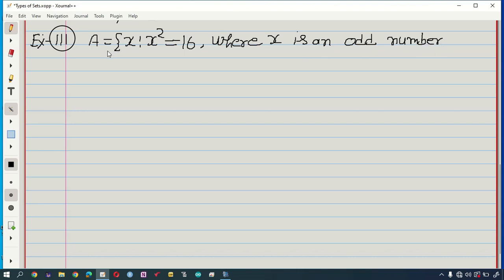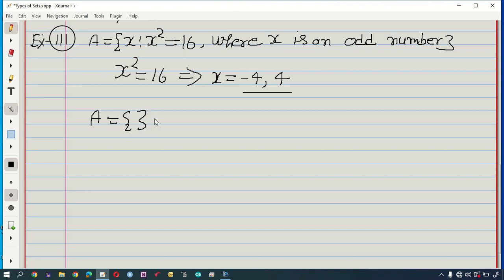Again, you can see that x square is equal to 16. This implies that x will have two roots, -4 and 4, and none of them is an odd number. So again A is empty. So this was the third example of an empty set.